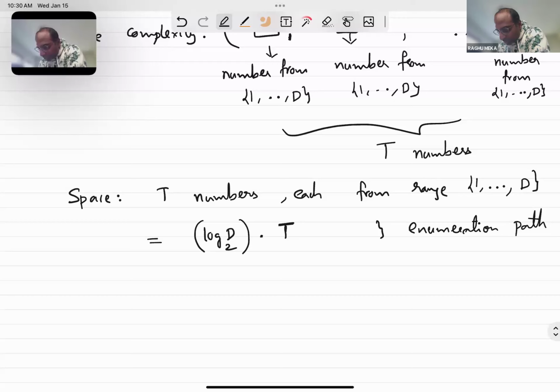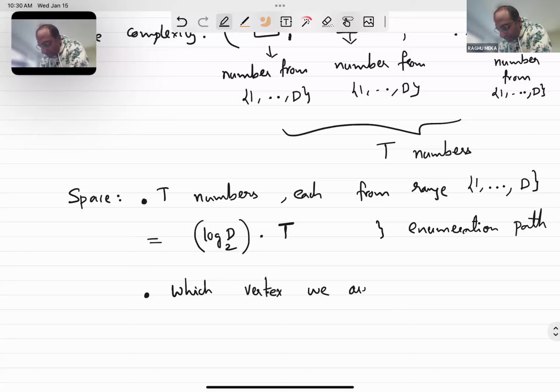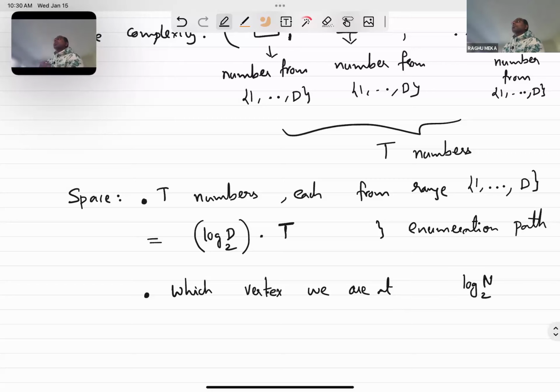And then we need to store which vertex we are at. And this is log n base 2. Okay, we have to store the name of the vertex, and there are n vertices, so you have to store this much memory.